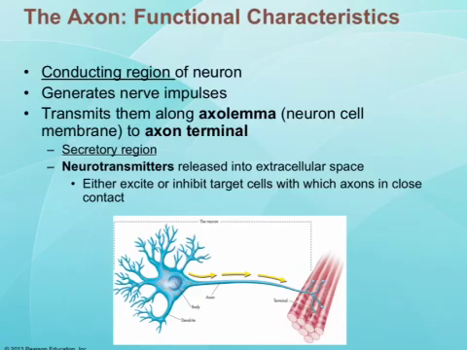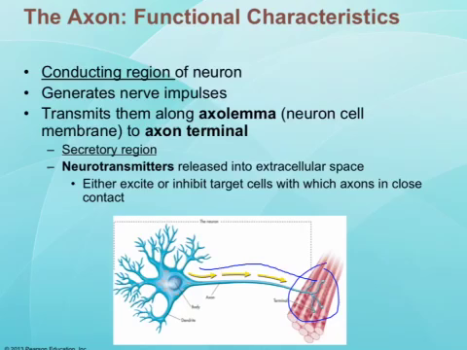So the nerve impulse is generated from the axon hillock to the terminal. It's generated along the axon. All those electrical signals travel along the axolemma, just like a sarcolemma. Lemma means cell membrane, so the axolemma is the cell membrane of the neuron. So along the axolemma to the axon terminal here.